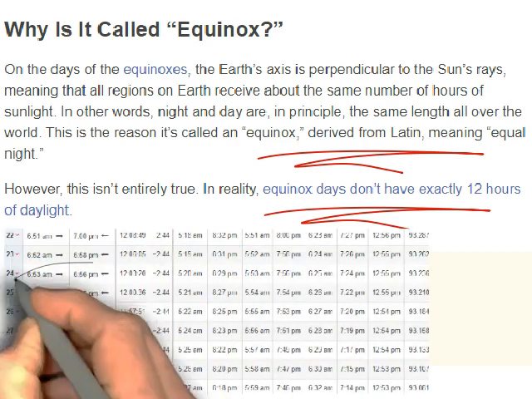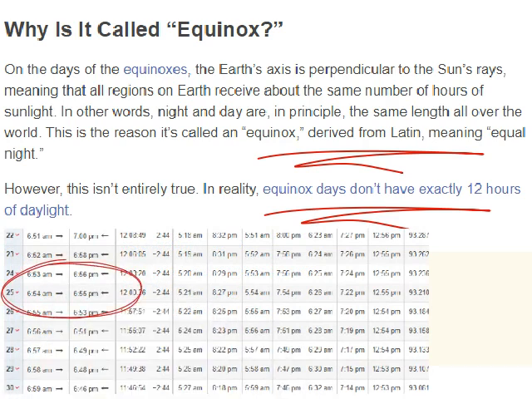But you can see when you look for your specific location on a site like timeanddate.com, when exactly it is or on what date, you will find equal or almost exactly equal daytime to nighttime hours. And it's usually in this equinox week. And for our location, that date of equal day to nighttime hours doesn't actually occur on the fall equinox.